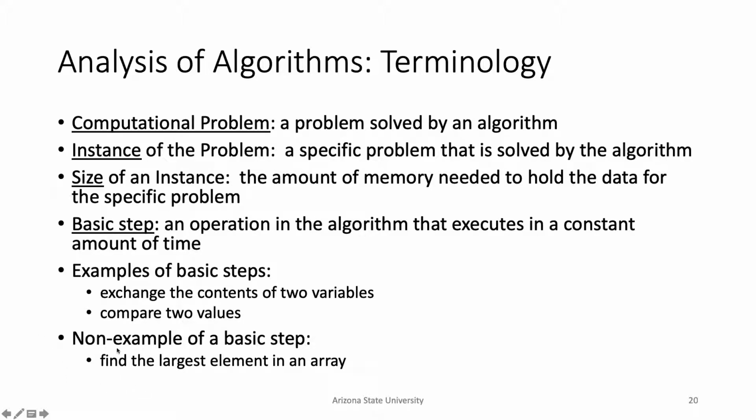But finding the largest element in an array is composed of multiple basic steps, because I look at the first value, is it the largest I've seen so far? If it is, update. Then look at the second element, then the third, then the fourth, all the way through. So that's composed of multiple basic steps.